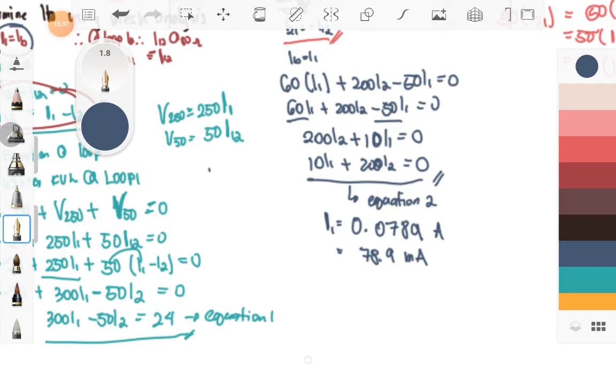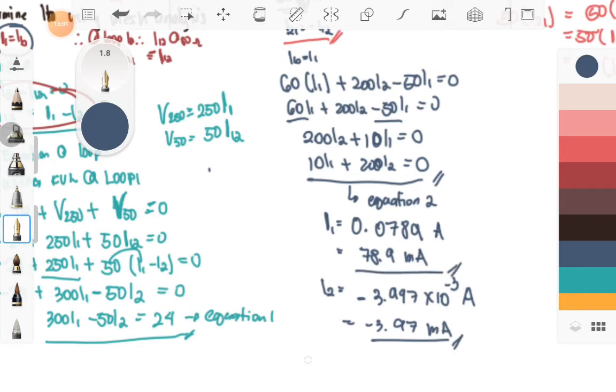Okay, pag ginamit yung scientific notation natin. And then our I2 is equal to negative 3.947 times 10 raised to negative 3 ampere, or it is equal to negative 3.947 milliampere.